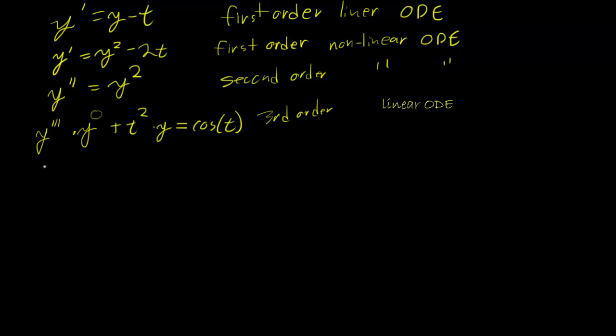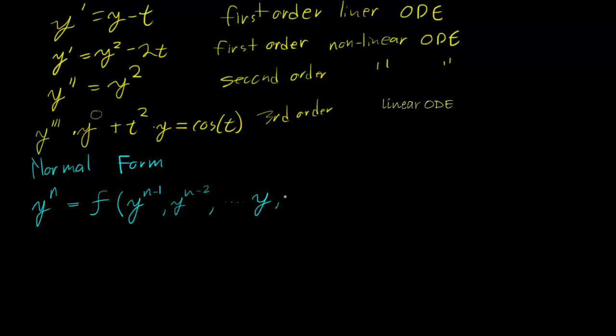Last but not least, there is something called the normal form. This is just the normal way to write a differential equation such that the highest derivative is on the left side of the equal sign, and everything else is on the right side, a function of the n minus 1th derivative and the n minus 2th derivative, all the way down to y and t.